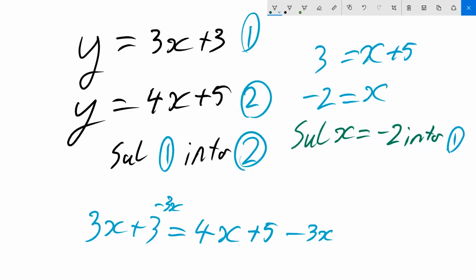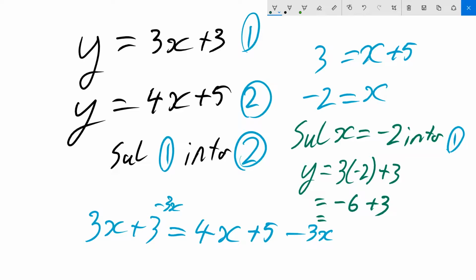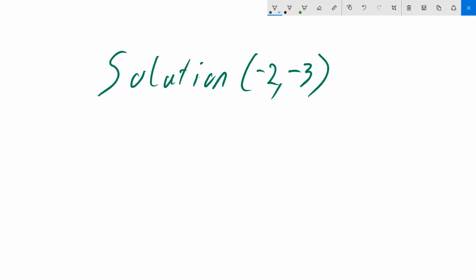And now y equals 3 lots of negative 2 plus 3. That's negative 6 plus 3, which equals negative 3. So our solution, write this down, solution is negative 2, our x value, negative 3, our y value.